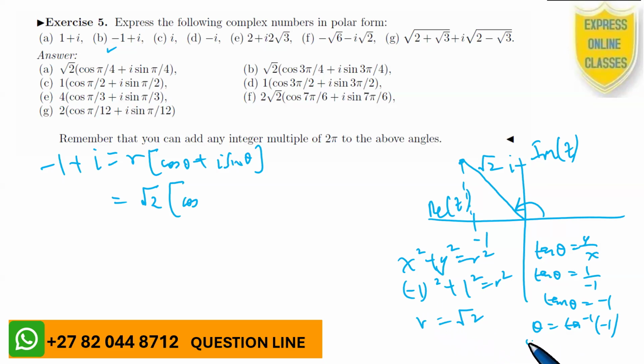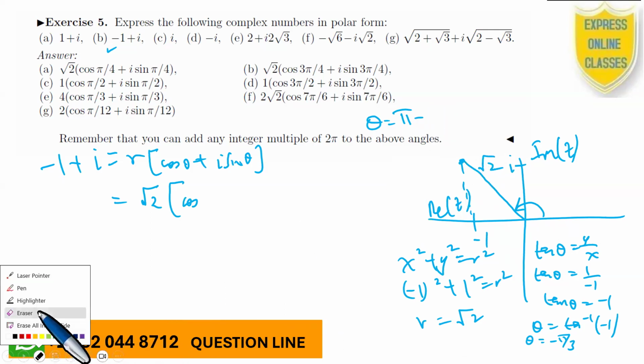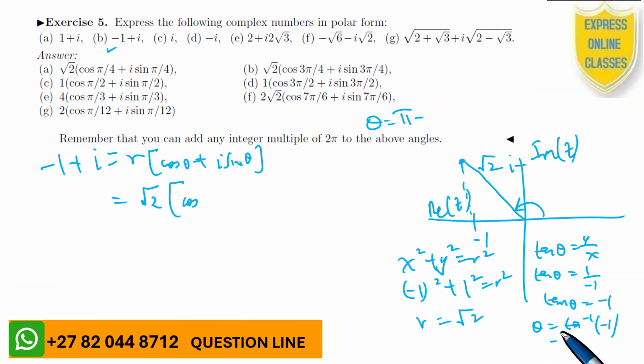And arctan of minus 1 is equal to minus pi over 3. But since this angle is positive, then you must say theta is pi minus pi over 3. If an angle is negative, then you must do that.